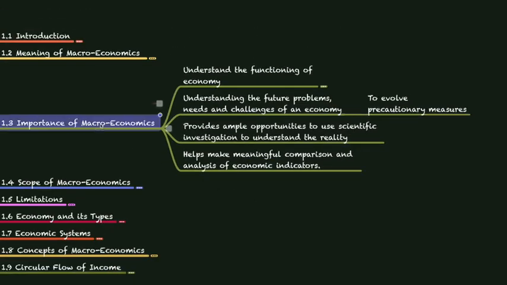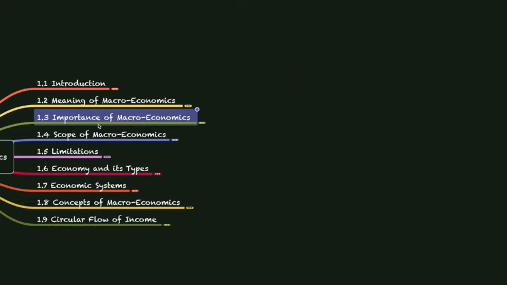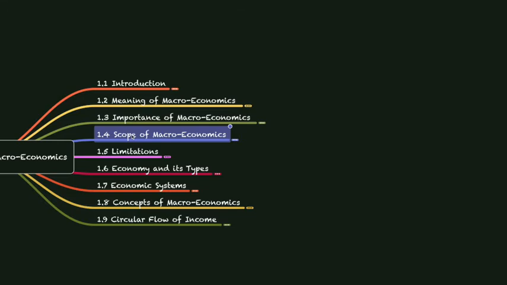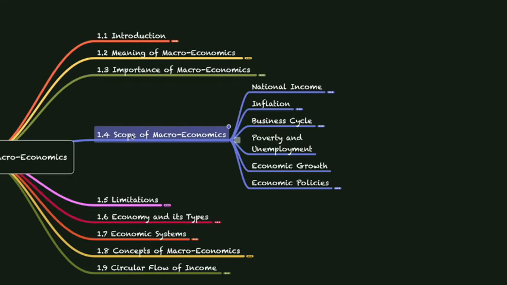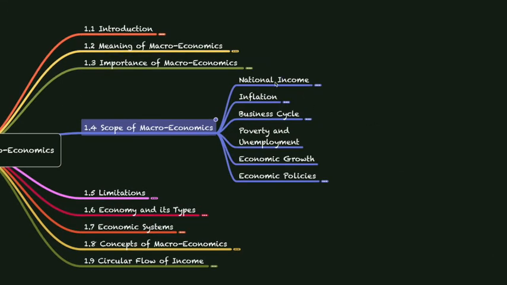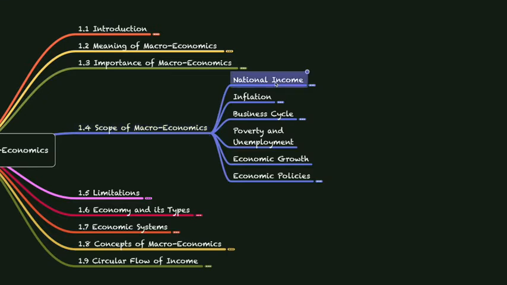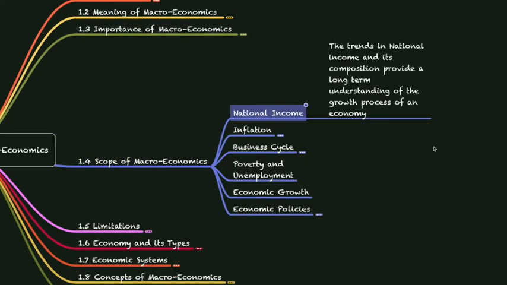Okay, so next is, what is the scope of macroeconomics? The first thing is national income. The trends in national income and its composition provide a long-term understanding of the growth process of an economy. We'll be studying what is national income in the next chapter.